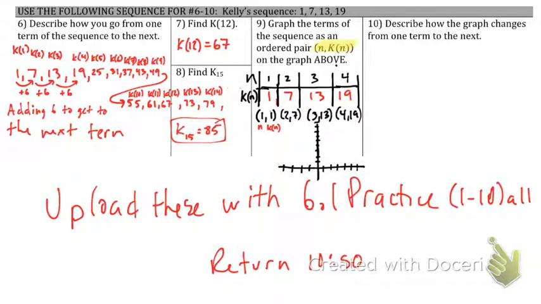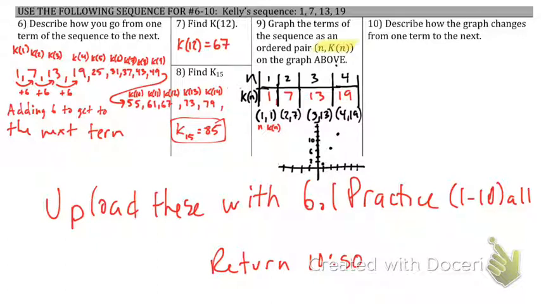So these are going up by 2: 2, 4, 6, 8, 10. If I was graphing the first one, 1, 1, it'd be right here. 2, 7 would be slightly above the 6. 3, 13 would be right above the 12.